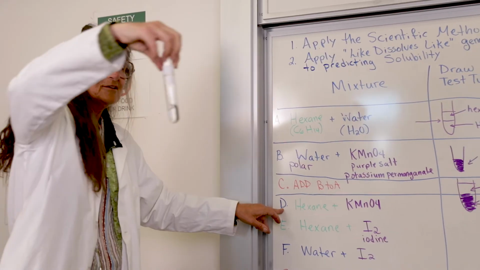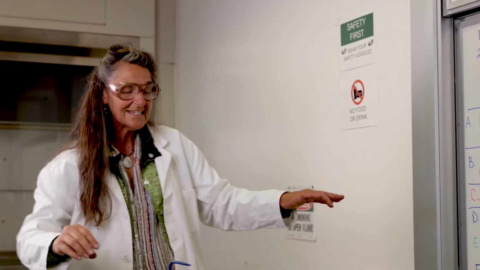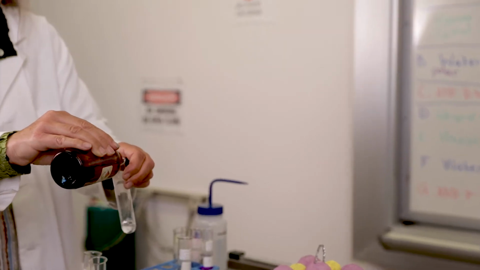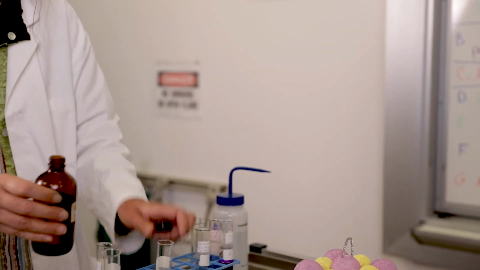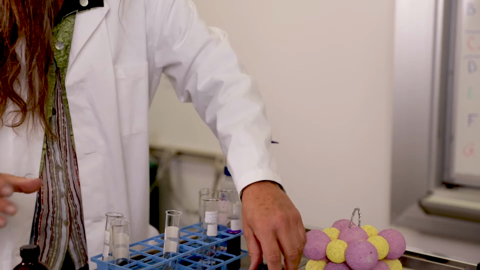Did everybody get that? All right, now we're going on to test tube E, which is hexane and iodine. Now, we know what kind of molecule hexane is. We said it is a non-polar molecule because it has a symmetrical electron cloud, right? And iodine is this molecule here.